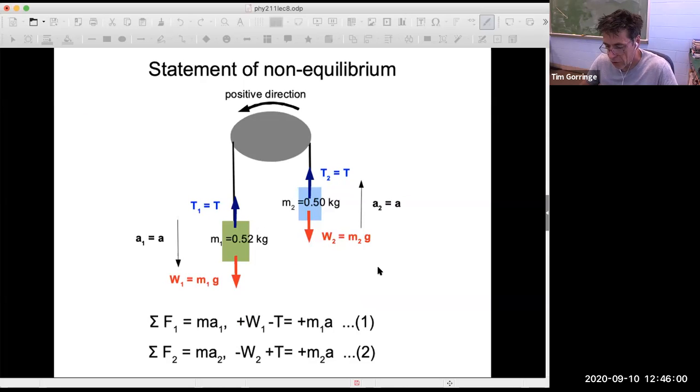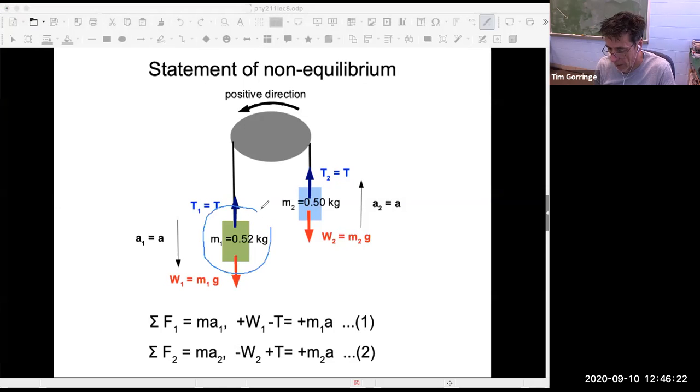Okay, so now I'm going to make that diagram into two equations, and I've written these two equations downstairs here. Let me get my annotation going. It'll only take me half an hour to do that. I'm going to think about this mass m1 on the left, and I'm going to write down Newton's second law for it.